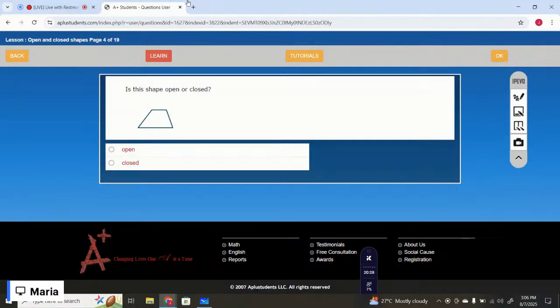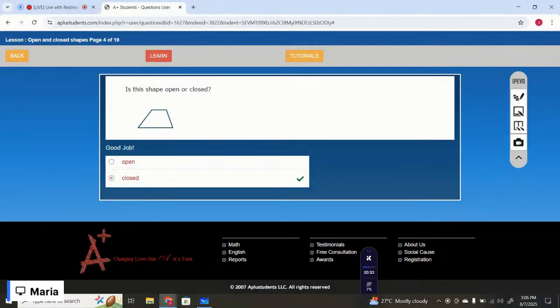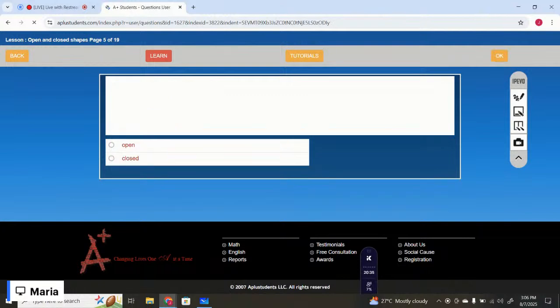That is a closed shape. Option number two is the correct option. Is the shape open or closed? Open it is.